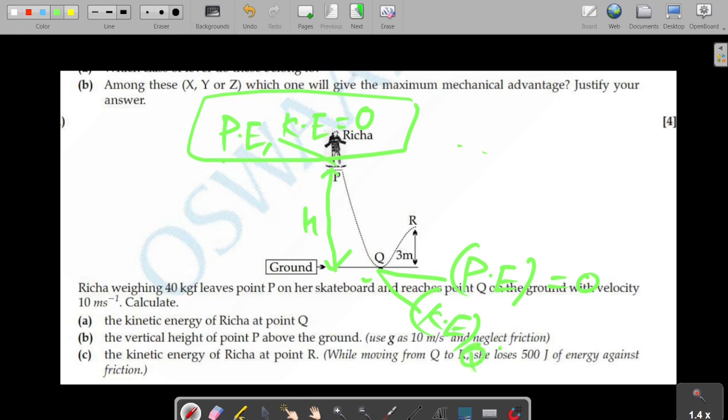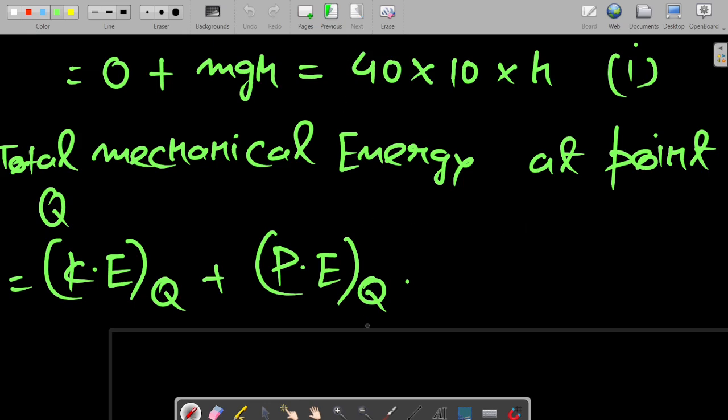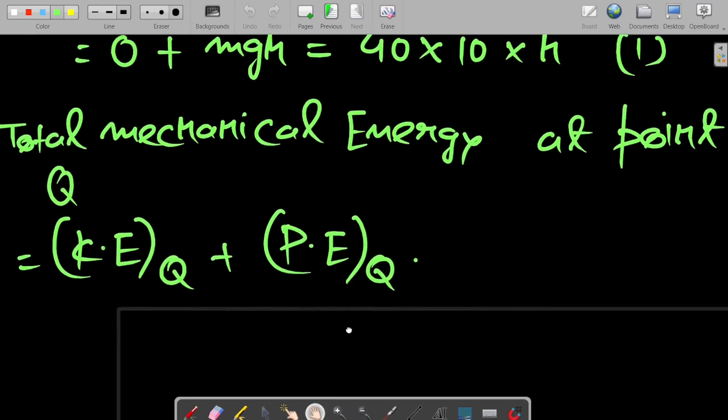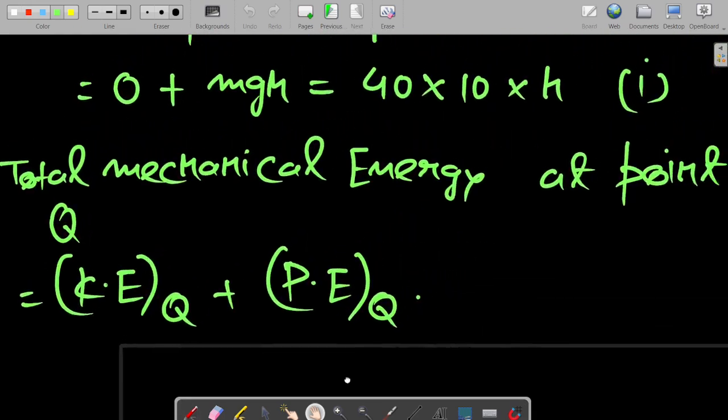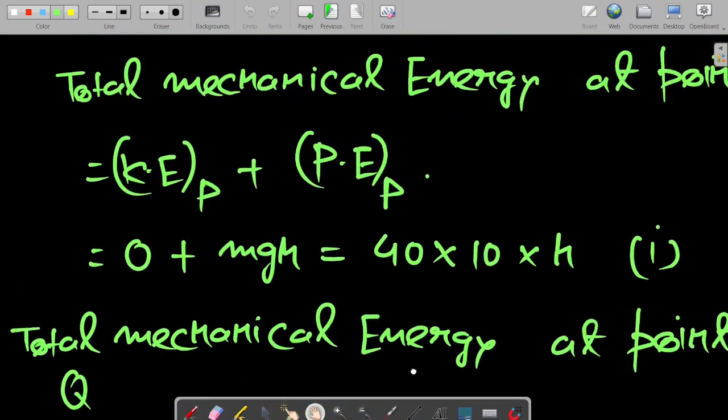So now, what was your total mechanical energy at point P?